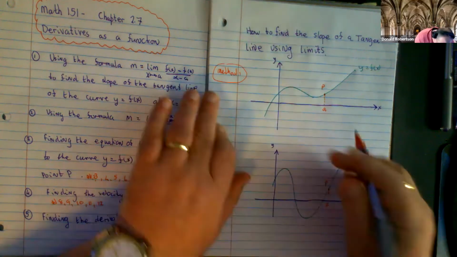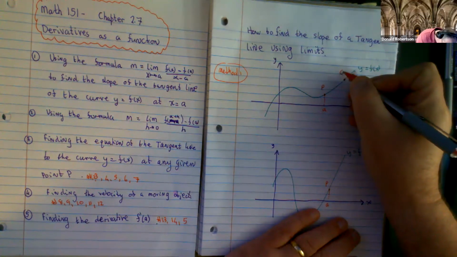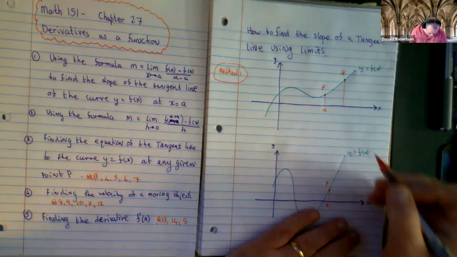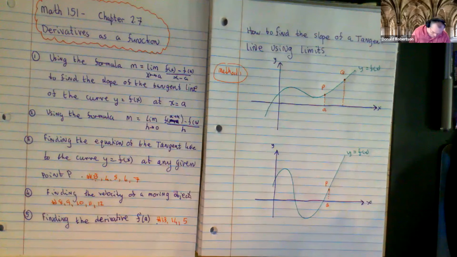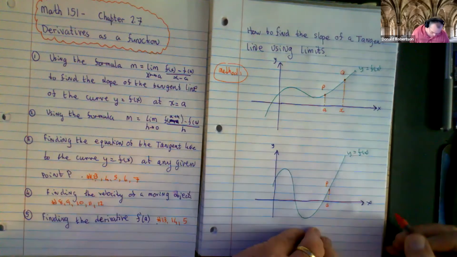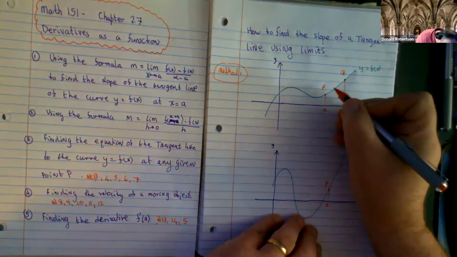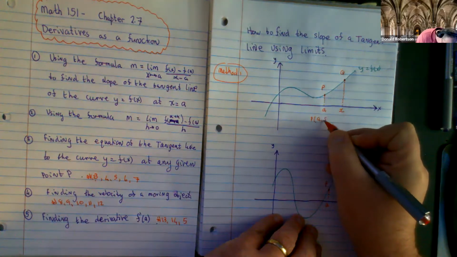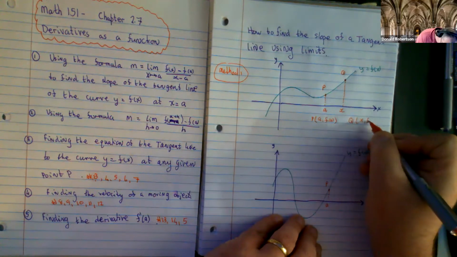So you have your curve, you have your point P, and what you do is you choose another point called Q, which has an x coordinate really close to this point A. And we call the x coordinate of Q, we're going to call it x. Now, since the function is y equals f of x, the coordinates of P are going to be A comma f of A, and the coordinates of Q are going to be x comma f of x.